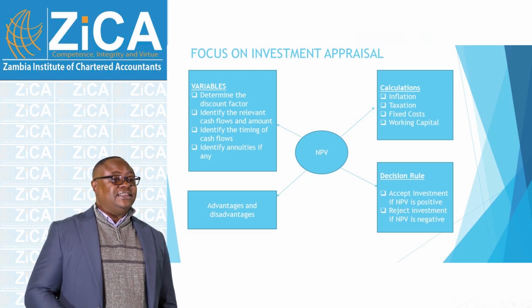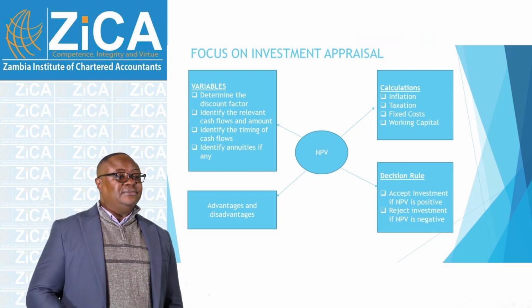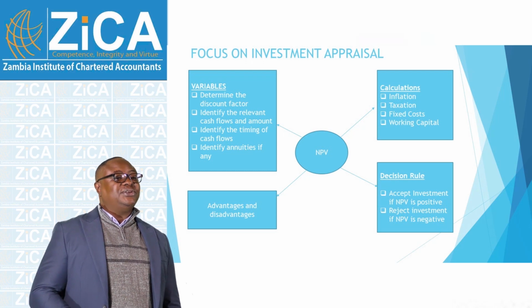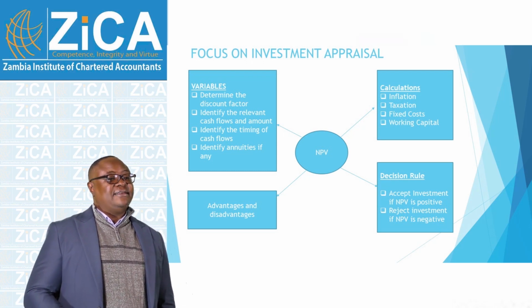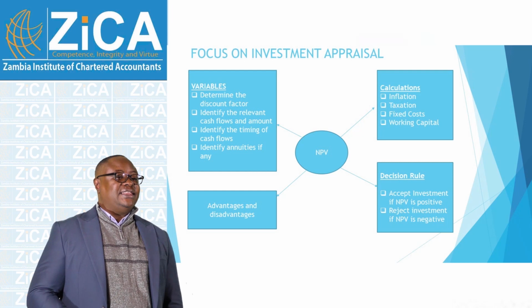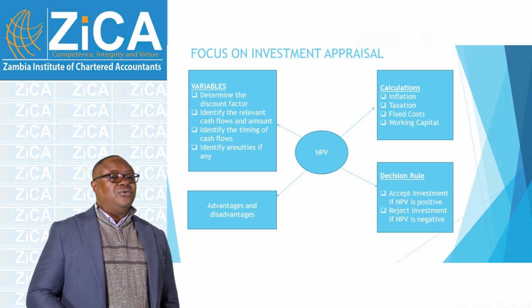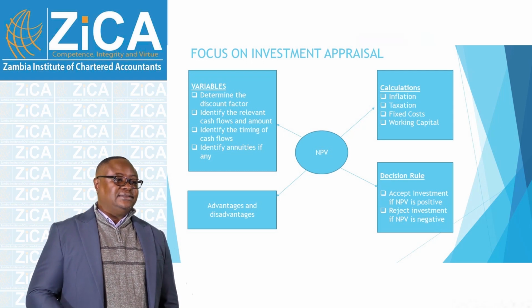The next thing is to identify the relevant cash flows. It's important because these cash flows are the ones that you are going to discount using the discount factor. And you also need to know about the timing of these cash flows. Are they coming in year 1? Are they coming in year 2? When are they there?